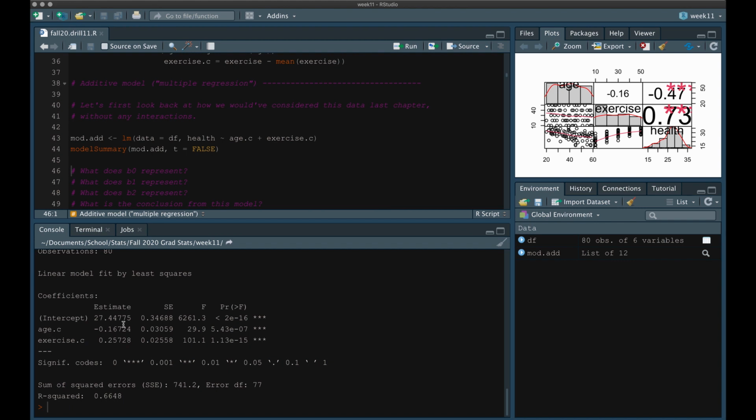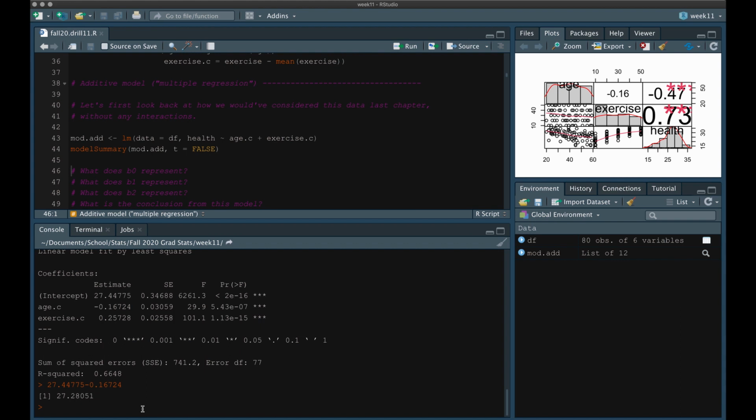Controlling for exercise, for each 1 unit increase in age, so each additional year beyond that average age of 40, we predict that their health scores will go down by 0.167 points. If 27.44 is our predicted score for somebody who is 40, then for somebody who is 41, our predicted score would be 27.28.